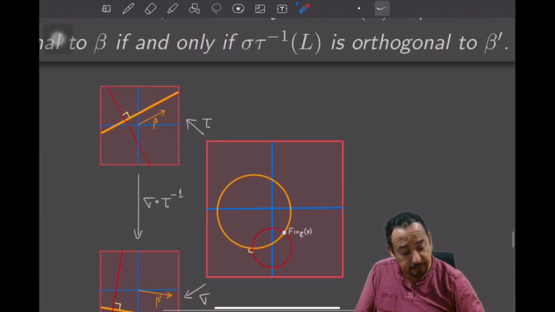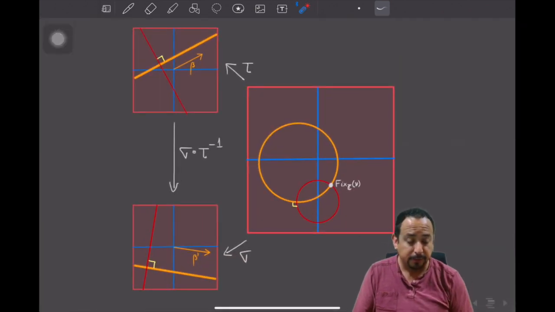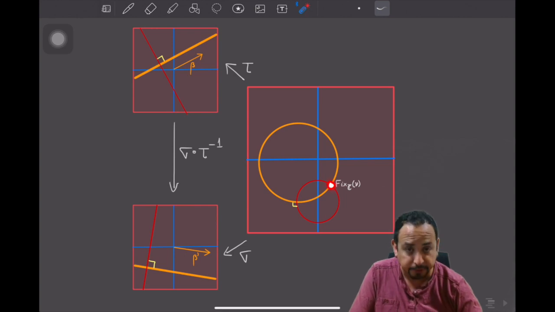So consider the parabolic transformation, and let's say that it has here some fixed point. And then take a Möbius transformation, let's say tau, that takes this fixed point to infinity.